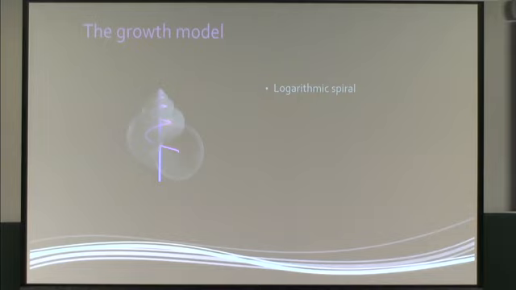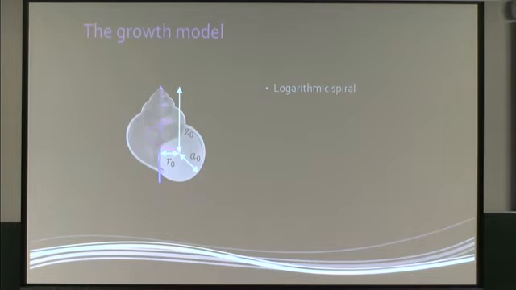This model consists of 3 different exponential functions. They are related to the height of the spiral, the radius of the spiral, and the aperture size. Each of these has 2 parameters.